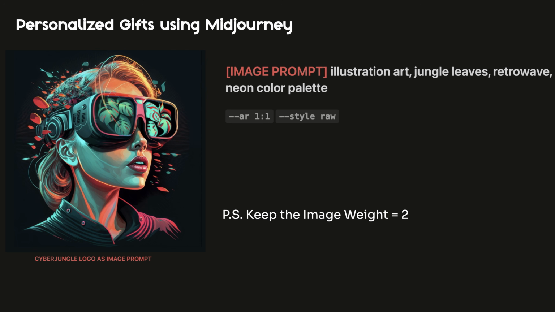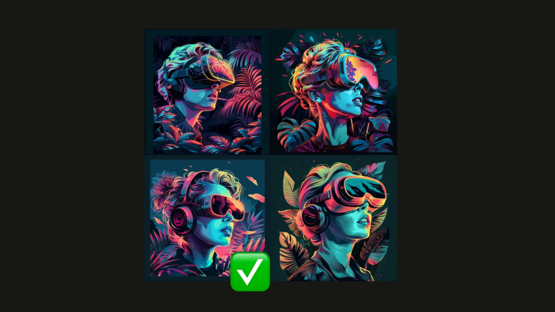If you want to create personalized photo gifts with Midjourney, start by uploading your chosen image to Midjourney to obtain a URL. This URL serves as a starting point for image prompting. For now, Midjourney doesn't allow us to simply upload an image and use custom zoom.